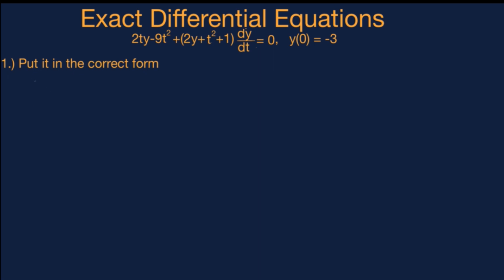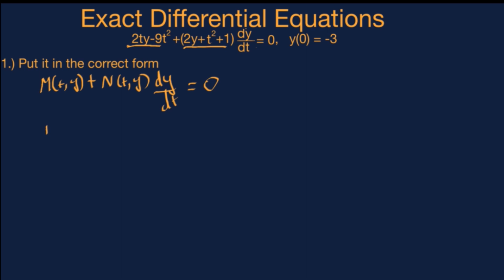And we said that that form is some two variable function of t and y that we called m of t and y, plus, and it's important that it is a plus, another function that we call n of t and y times the derivative of y with respect to t, and all of that has to equal 0. And so if we look at our equation, it looks like it already is in that form. So we can call this m and we can call this part n.